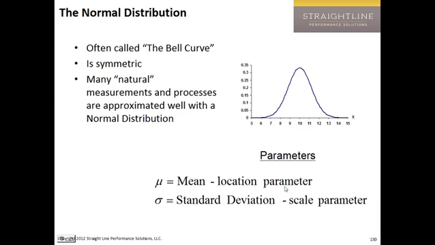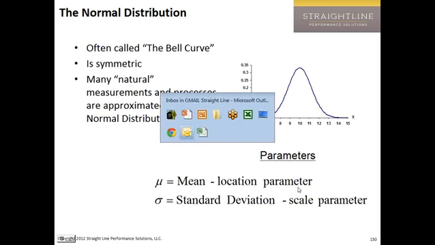Okay, let's start with the normal distribution, and this is what it looks like. This is often called the bell curve. Many natural measurements and processes are associated with it. It has 2 parameters associated with it, and this is typical. Most distributions have parameters. Parameters simply tell you essentially the specific type of shape that we have. So for example, let me see if I can go back to my drawing pad.